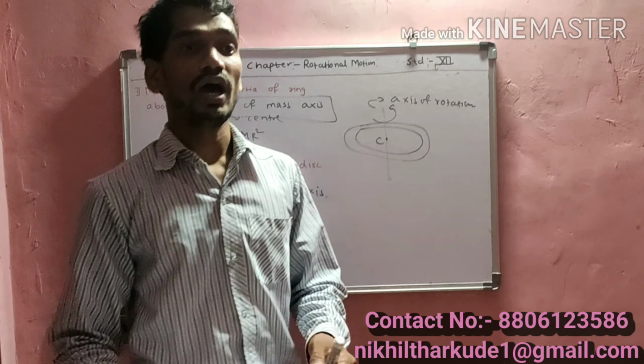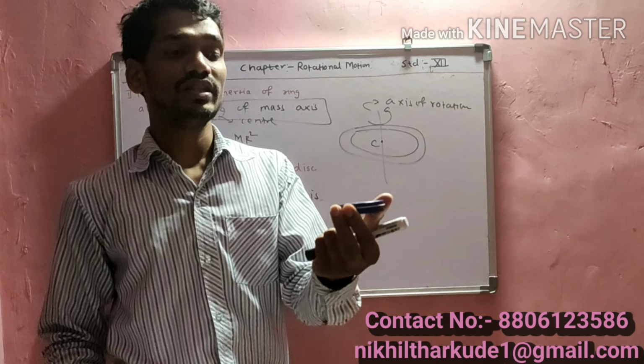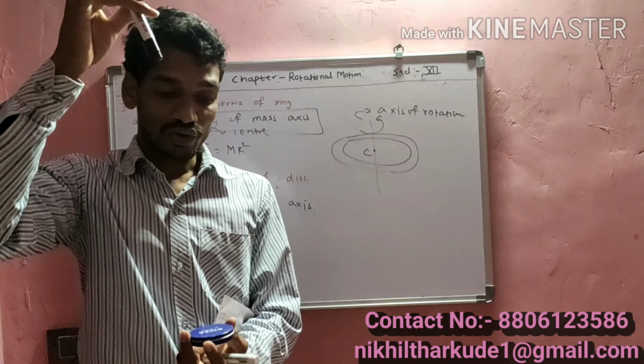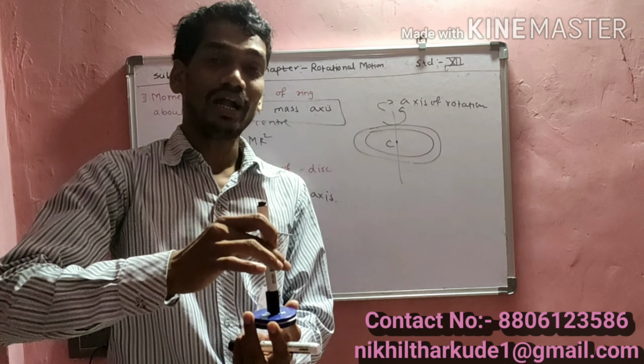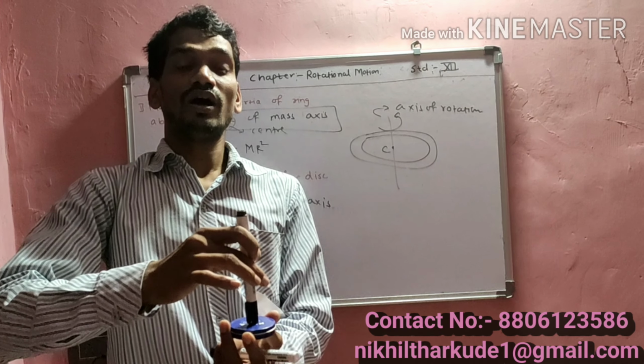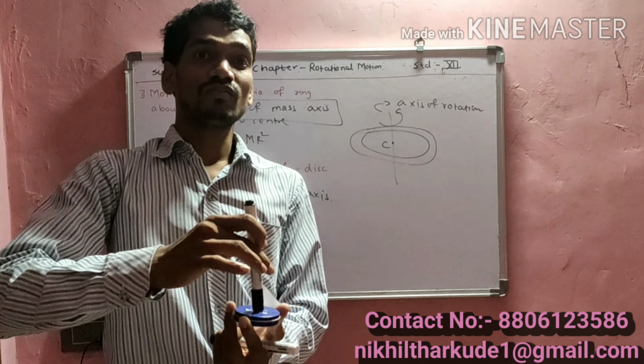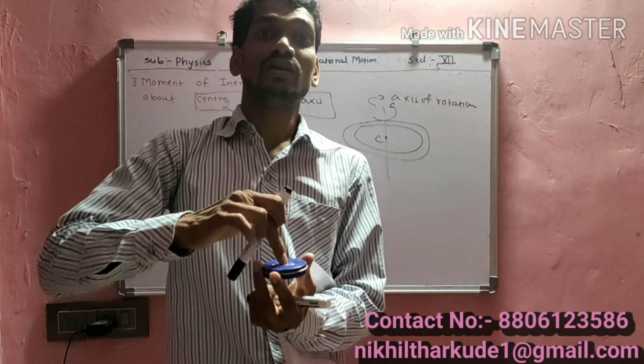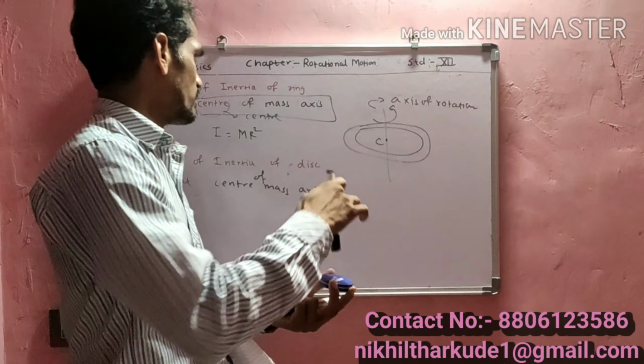Say for example, I have a body that is a disc. So what is the center of mass axis for that? The axis which is passing through that laminar body, passing through the center. So this is our center of the disc. We have considered the ring.